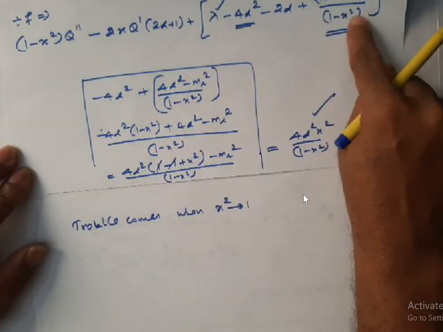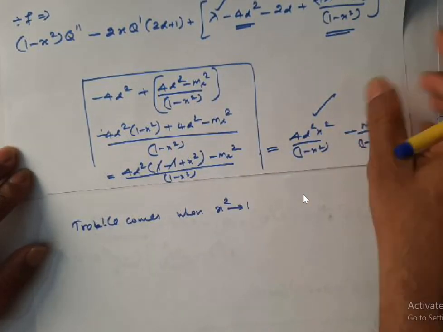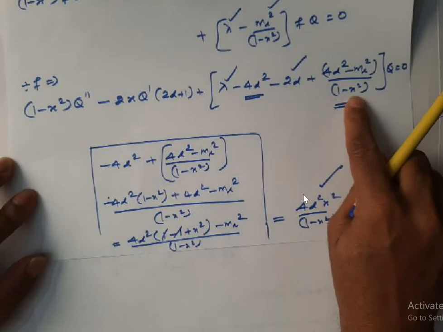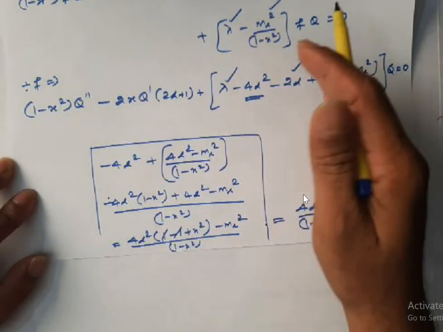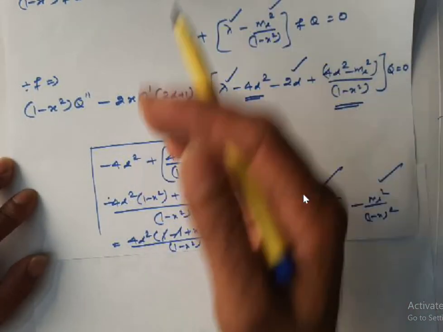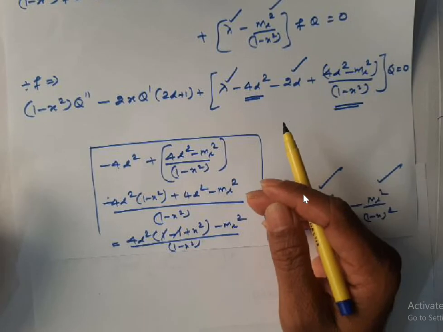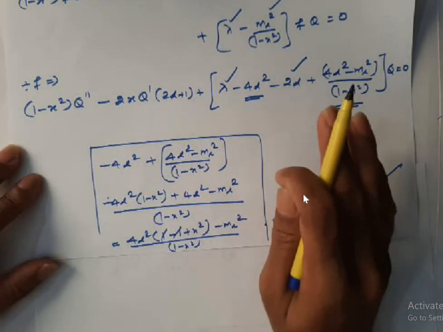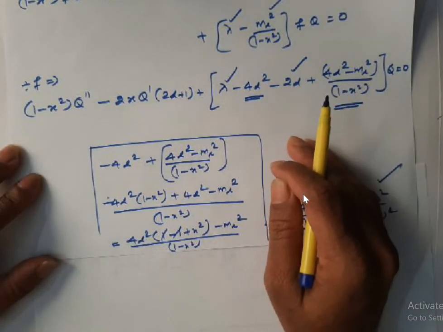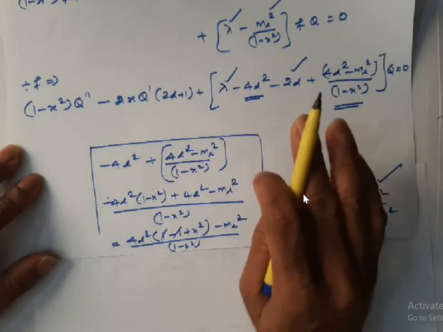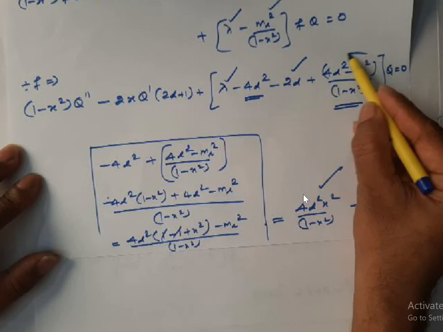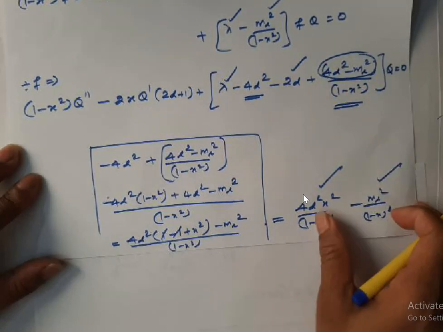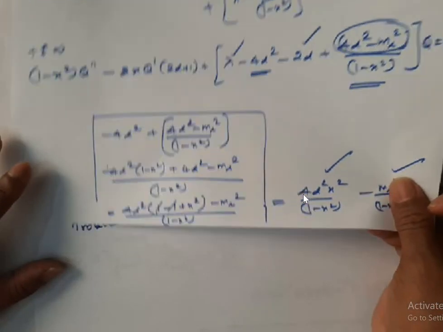Why? Because if x square approaches 1, see here in this equation, 1 minus 1 becomes 0. Something by 0 is infinity. If the equation goes to infinity, the function will also go to infinity, it will diverge. We don't want the function to go to infinity, right? So we have to get an acceptable solution. For that, I'm going to make this quantity 0: 4 alpha square minus ml square should be equal to 0.